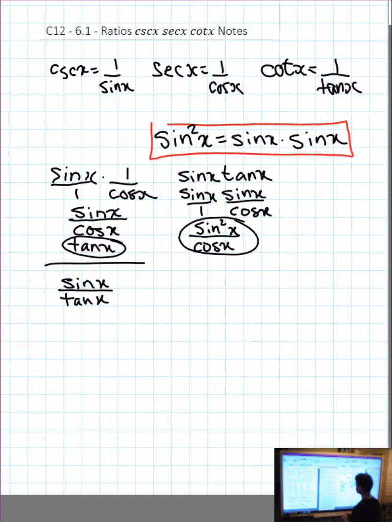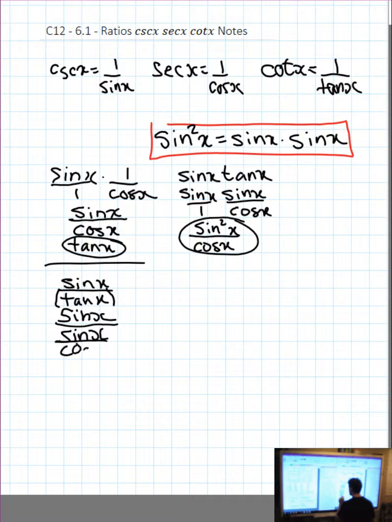Now, this tan x on the denominator, I'm going to put brackets around the tan because I'm going to work on it. And I'm going to say sine x over, and tan is sine x over cos x.